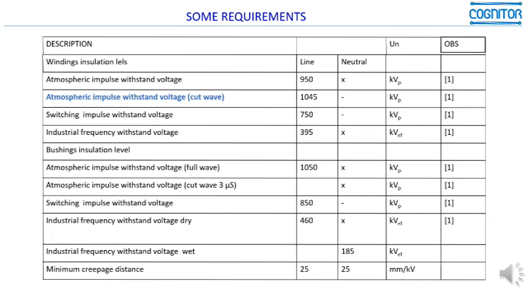Here are some additional specifications for that reactor that we showed in the two previous slides. And here I marked in blue color one thing that you may see only in equipment that have engines and are usually installed near lightning surge arresters: the atmospheric impulse withstand voltage with cut wave.